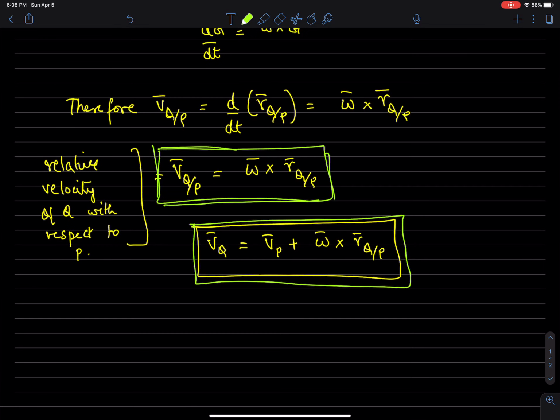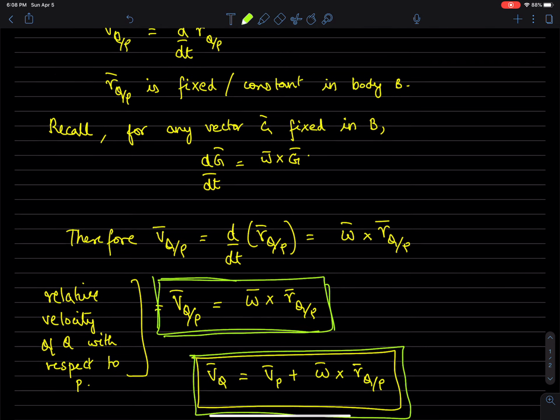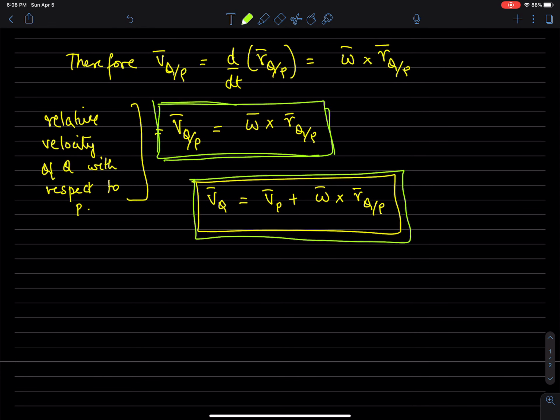So this is again a relationship we are going to use over and over again as we are doing rigid body dynamics, which is the relative velocity of 2 points on a rigid body, or the velocity of 1 point on a rigid body given the velocity of another point on a rigid body and the angular velocity.